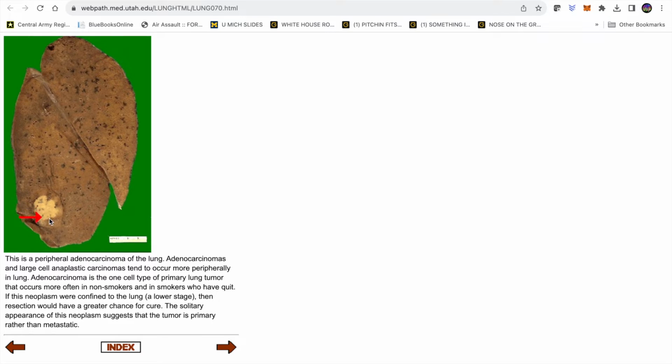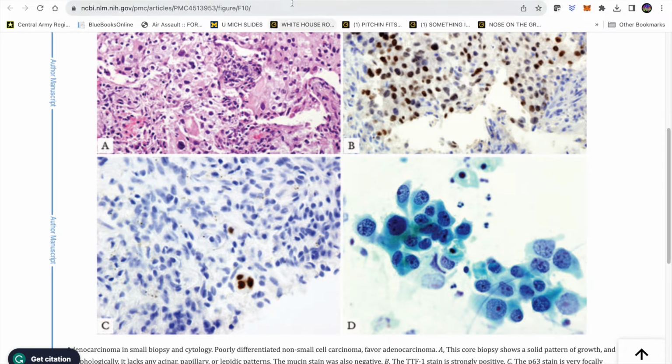And the solitary appearance of this tumor suggests that the tumor is primary rather than metastatic, right? Because if we had a metastatic process, we may imagine seeing multiple small lesions. I guess you could still, of course, just have one, but the fact that it is one probably suggests that it's more likely a primary lung process.